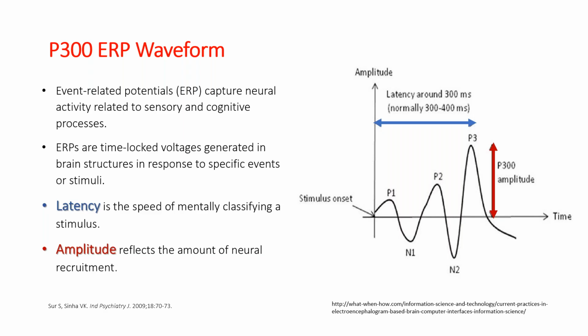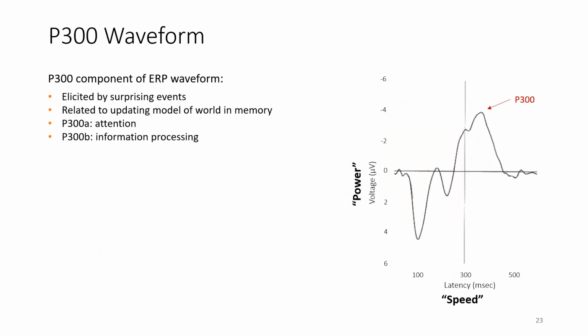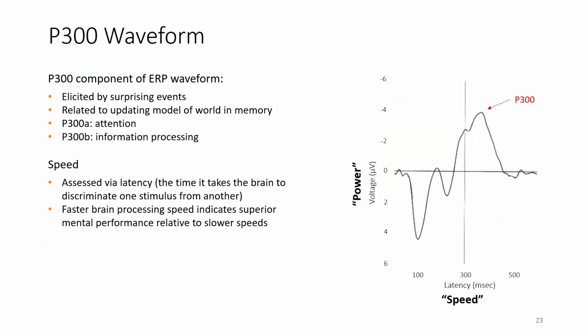So both numbers are important, and they're both important for dementia in particular. Again, the P300, we like that measure. There's a lot of research supporting the P300 measure, and it's roughly in the 300-400 millisecond range.